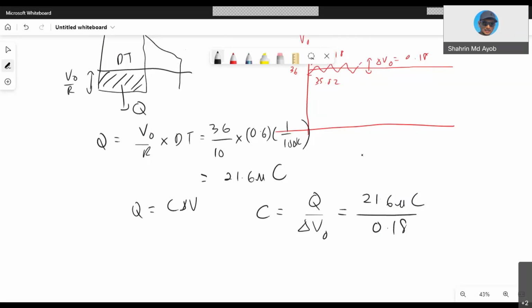We know this Q, and then Q is equal to C delta V, so you can directly calculate your capacitor without memorizing the equation. 21.6 microcoulomb divided by 0.18, you should get 120 microfarad.